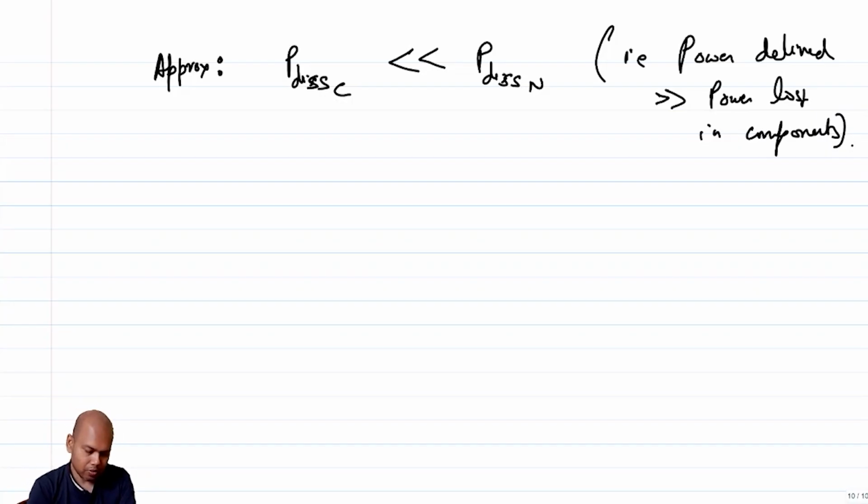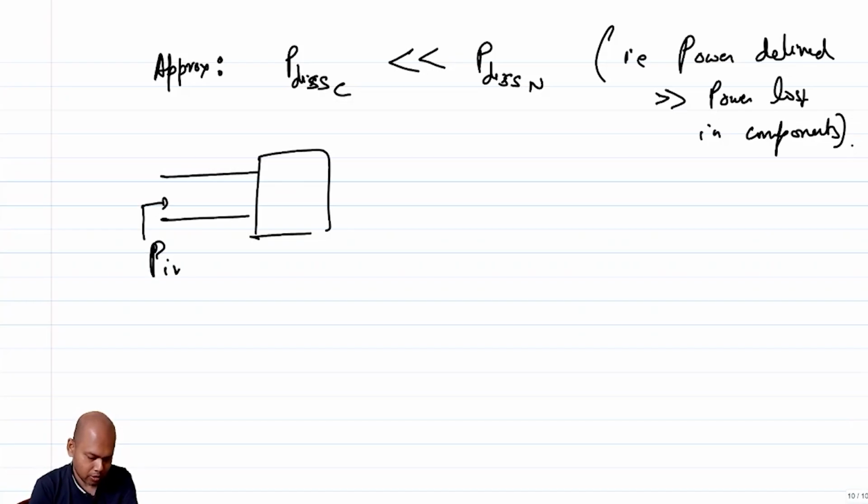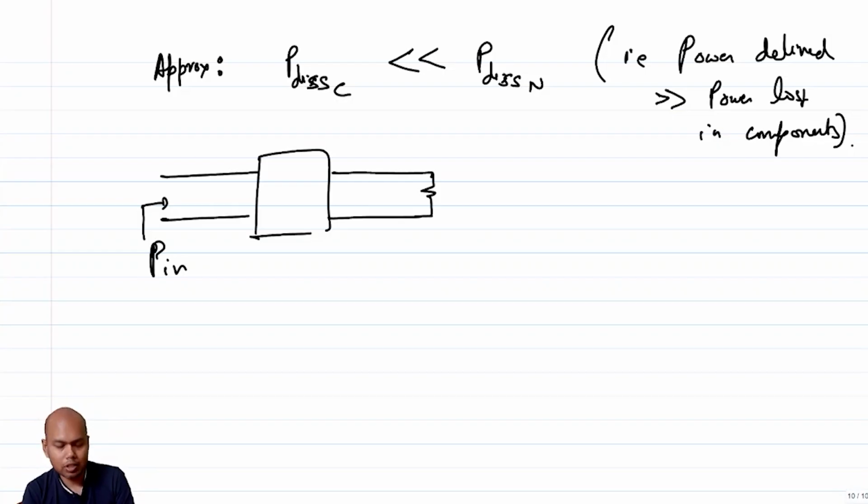Now let's go back and write out some obvious statements. The first obvious statement is, if this is power in, the power in is supposed to be equal to power out only when there is no loss in the matching network. But if this is weakly lossy, even though this is not a technical term, which means this power loss is much lesser than the power delivered, right?